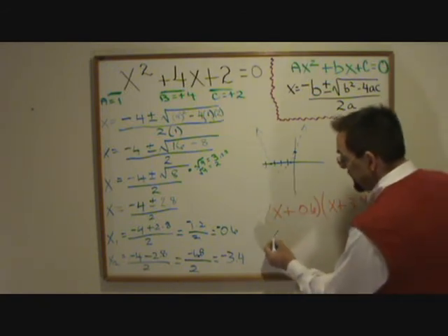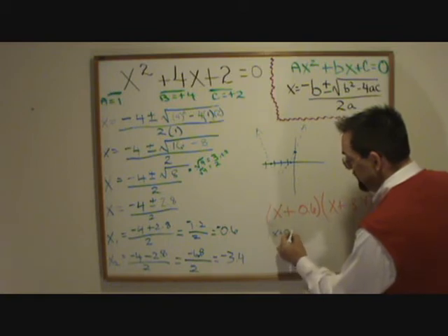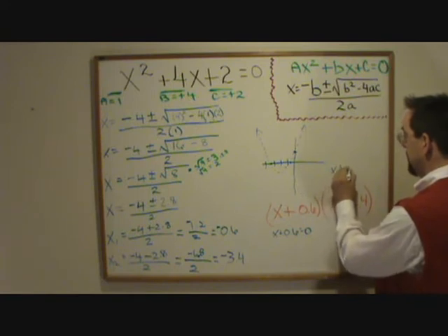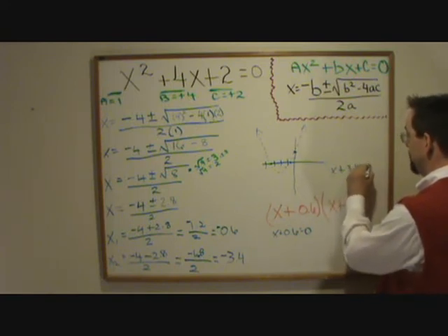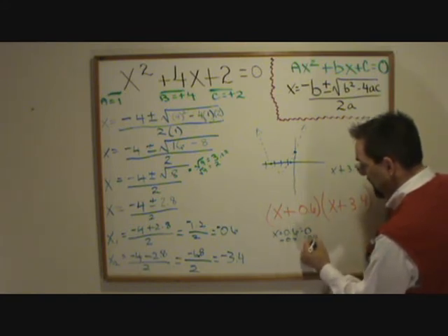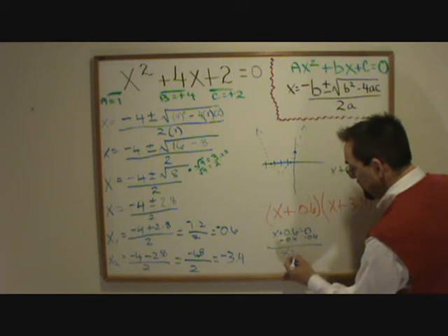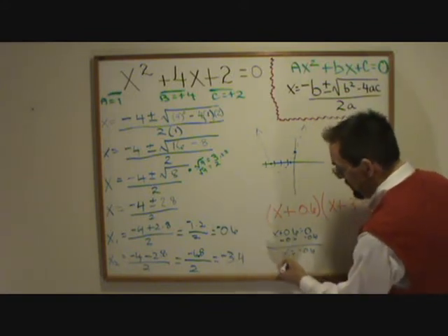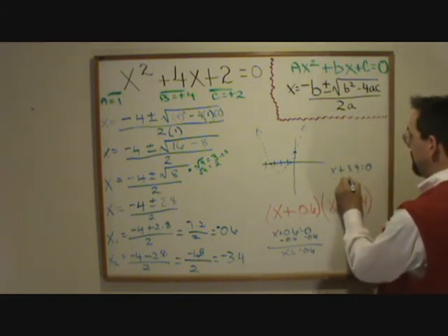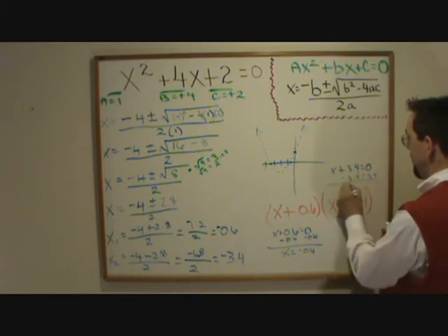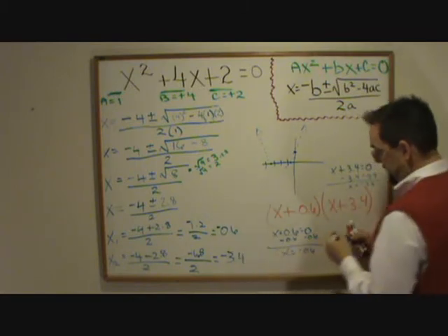So what I'm doing is I'm setting x plus 0.6 equal to 0 and x plus 3.4 equal to 0. Subtract the 0.6 from both sides. X equals minus 0.6, which is what we had here. Or this one, subtract the 3.4 from both sides. X equals minus 3.4, which is what we had down here.